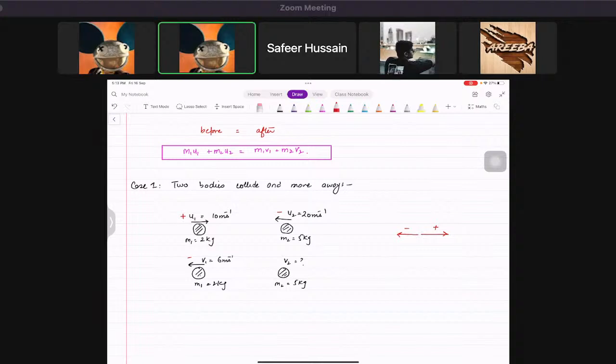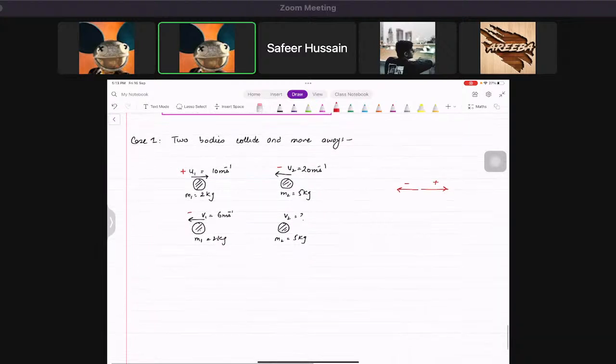Now, with respect to this sign, if I apply the equation, m1 u1 plus m2 u2 equals m1 v1 plus m2 v2. The mass was 2, the velocity was 10, this mass was 5 and minus 20 because of the direction. On the other side, 2 and minus 6 because of the direction, and 5, and we don't know V2, so we're just taking it as V2.